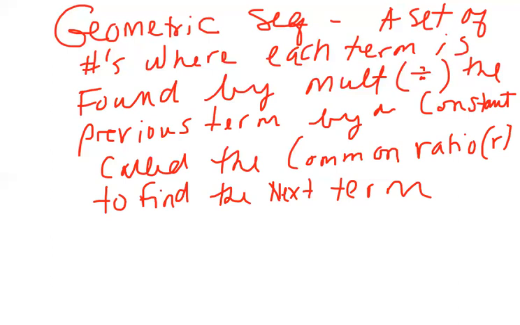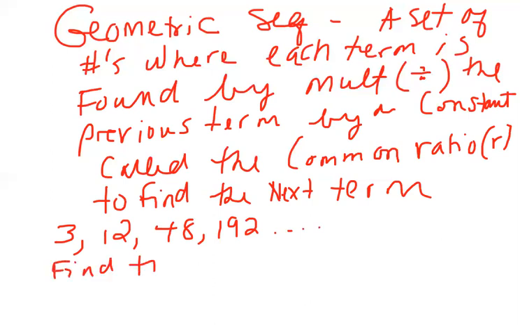And you keep doing it until you're done, guys. So for these particular problems, let's say I were to give you this example right here. 3, 12, 48, 192, and so forth and so on. And I were to ask you to find the next 2 terms.